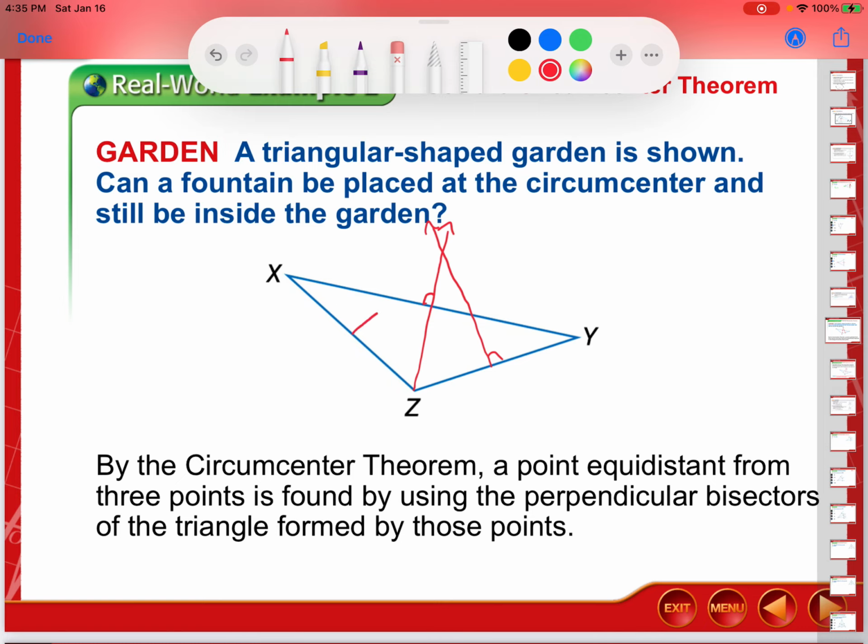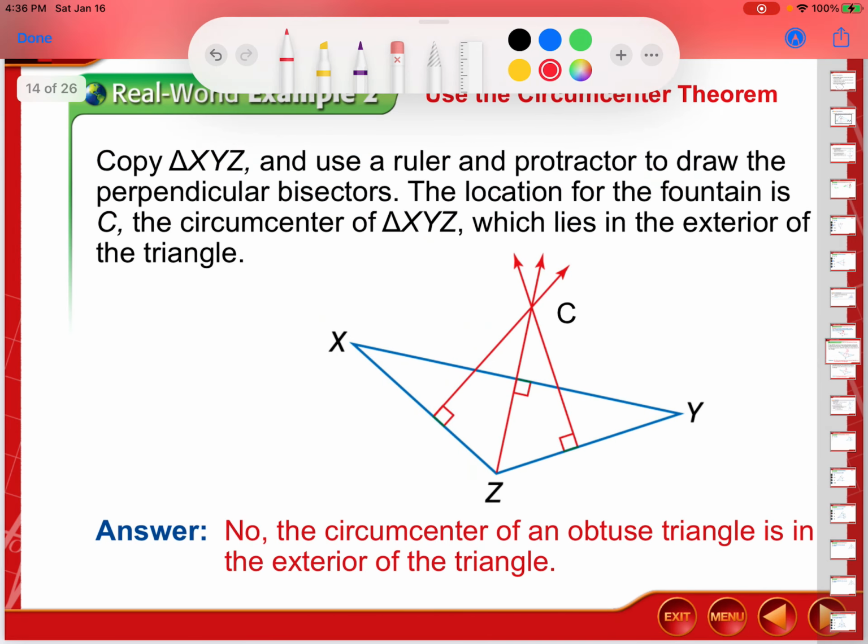I know this isn't perfect, but bear with me. That would be my third one, which is actually pretty close to intersecting. So I'll give myself credit there for mediocre art skills. I would say probably can't be built using this obtuse triangle, but let's double check.